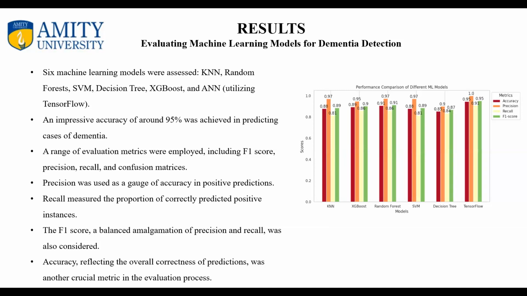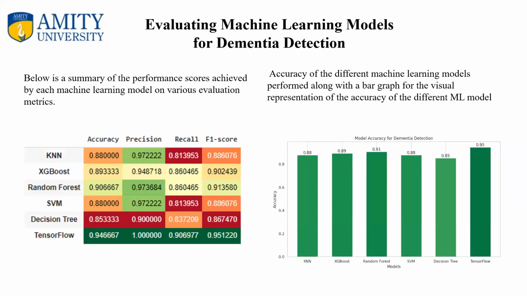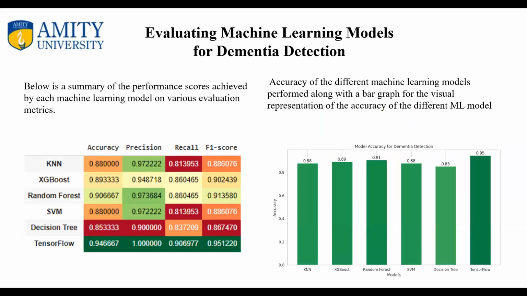In summary, the use of diverse evaluation metrics confirms the accuracy of multiple models in effective prediction of dementia cases. For detailed insight into model performance, it involves utilization of the confusion matrix, displaying metrics such as true positive, true negative, false positive, and false negative for each model.